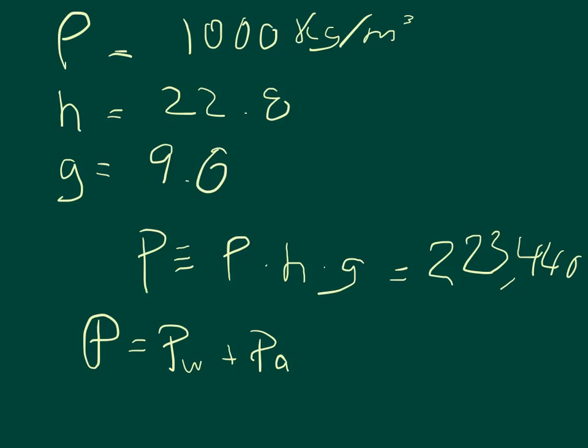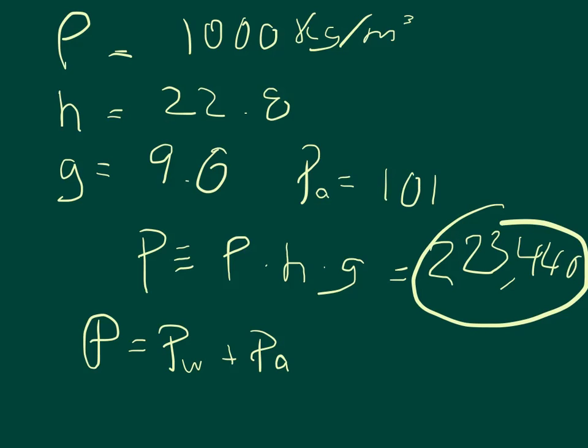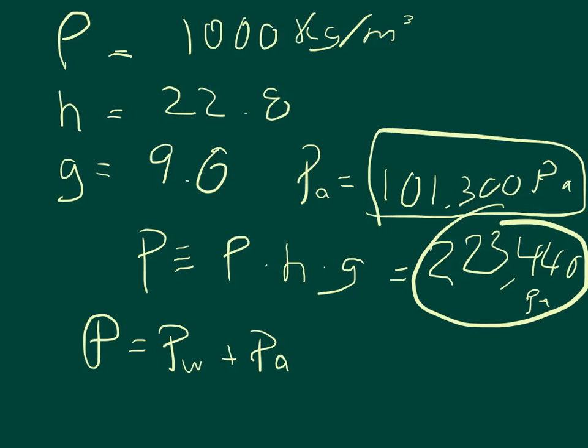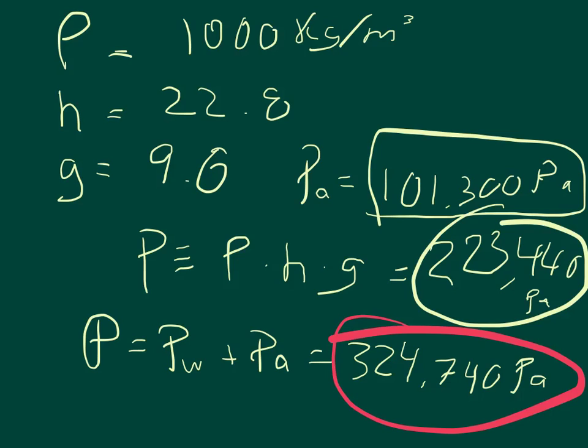So this is 223,440 plus the pressure of the air, which is 101,300 pascals. We converted from kilopascals into pascals for the air. We just add those together and we get 324,740 pascals. And so that's our final answer for part A.